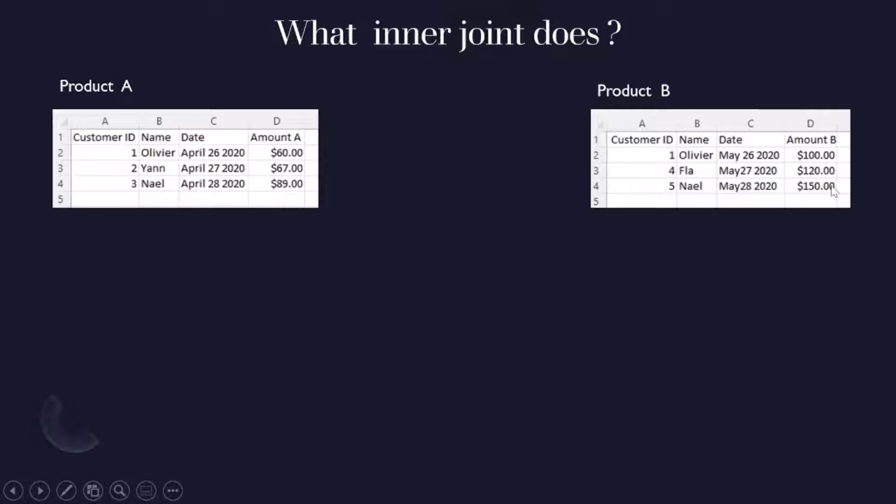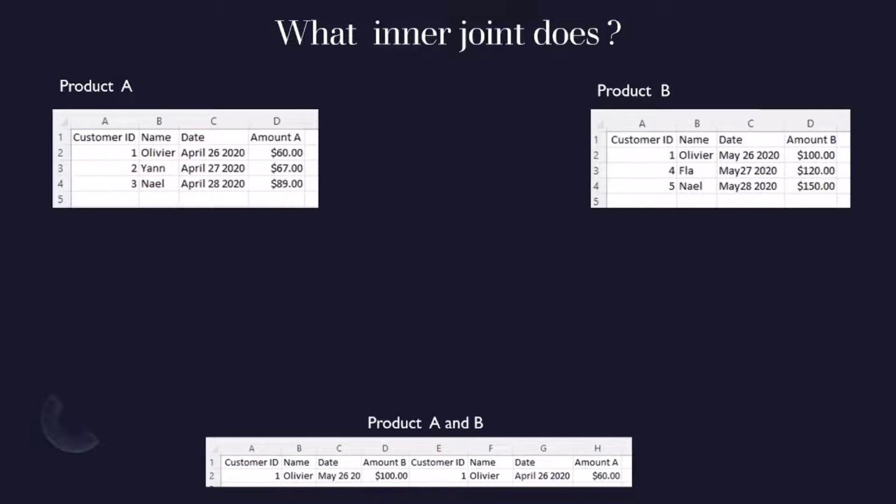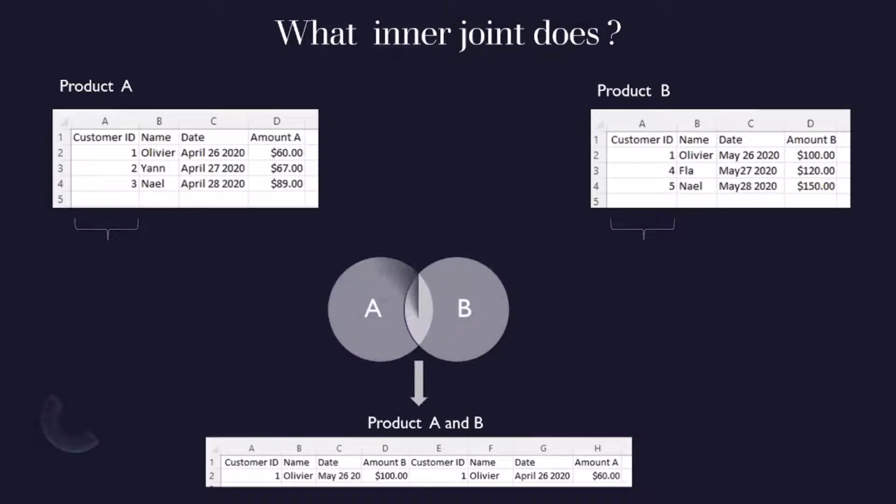Now, one of the things that you may want as a project manager or as a sales manager is the name of the customers who bought both products. To do that, you can go to your customer ID and look for the intersection of both products.